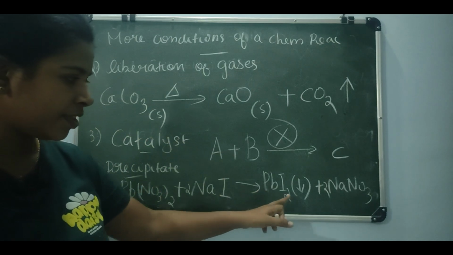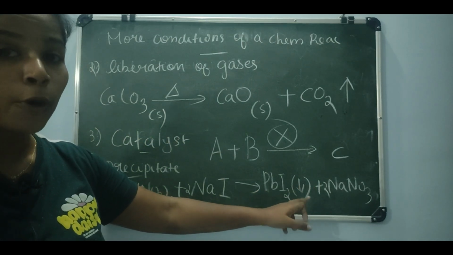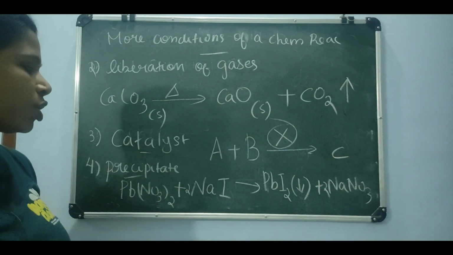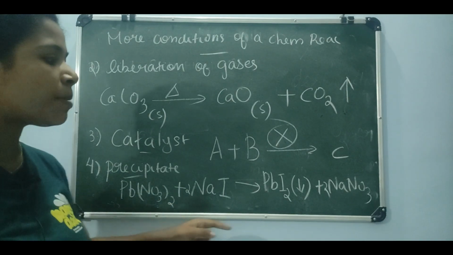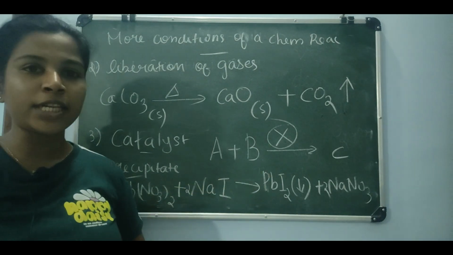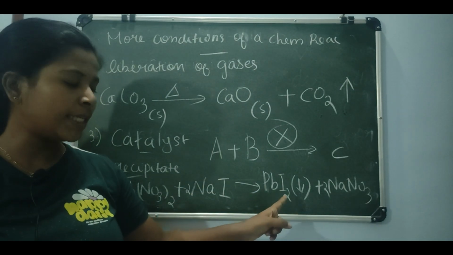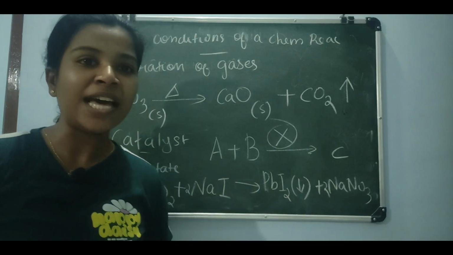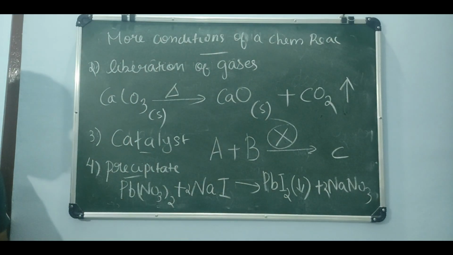See, the downward pointing arrow represents the precipitate formation. So if there is a question, which is the precipitate formed in the above reaction? What is the answer? Lead iodide. And this reaction is a precipitation reaction. So precipitate is the fourth condition.